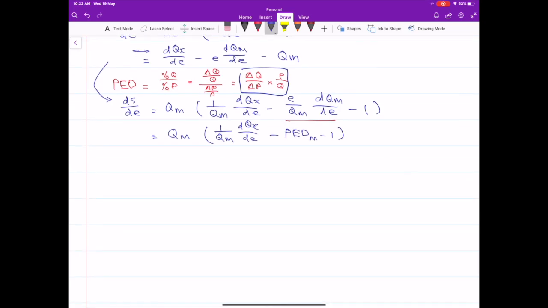Now, we have to find a way to express this value here in terms of PEDX. So one way we can do this is to multiply QX over E with E over QX.